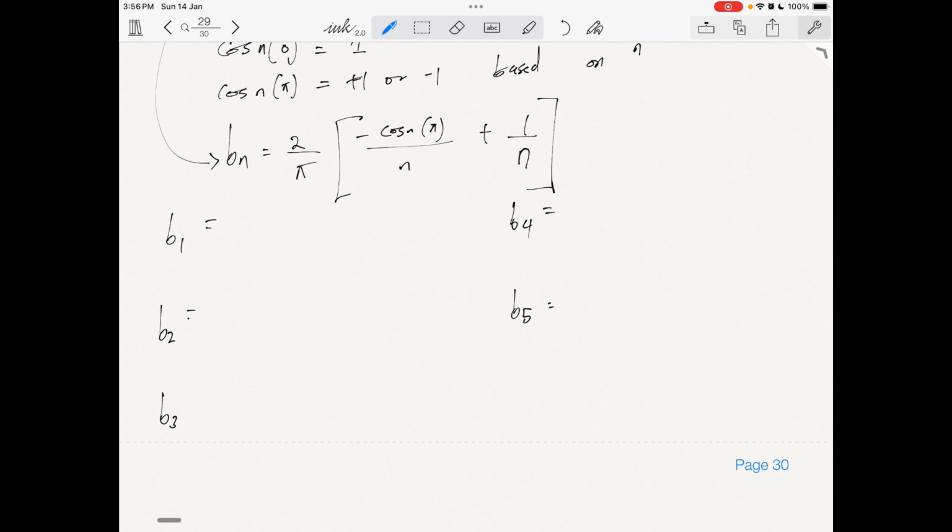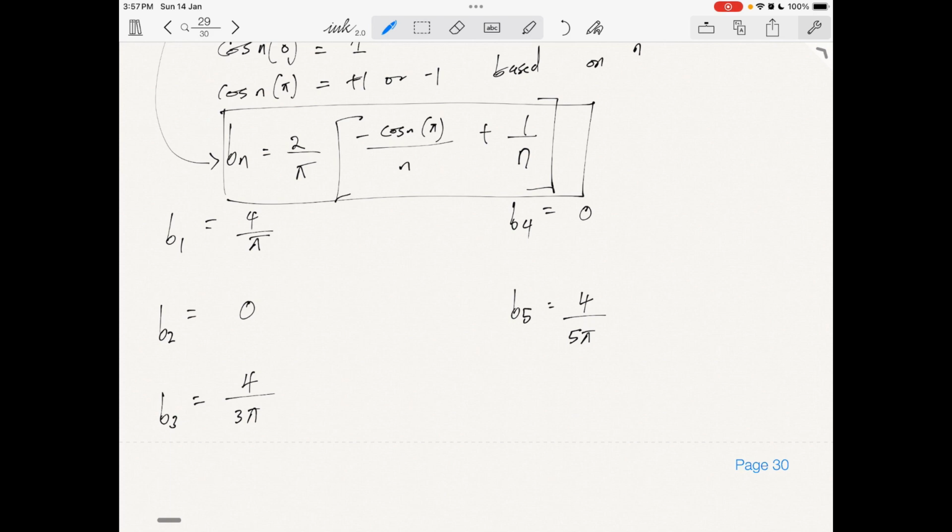Now B1 means putting n equal to 1, and we can take a moment to substitute n equal to 1, 2, 3, 4, 5 into the equation of Bn. And we realize that B1 is equal to 4 over pi, B2 is equal to 0, B3 is 4 over 3 pi, B4 is equal to 0, and B5 is equal to 4 over 5 pi.